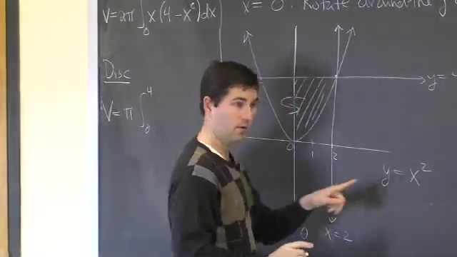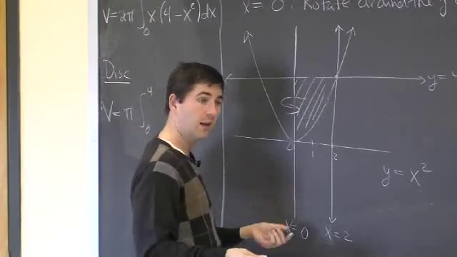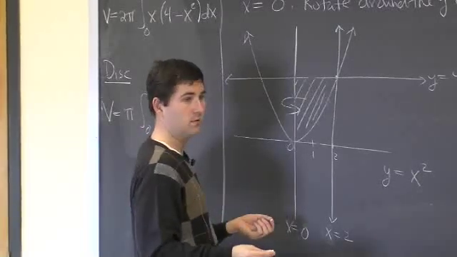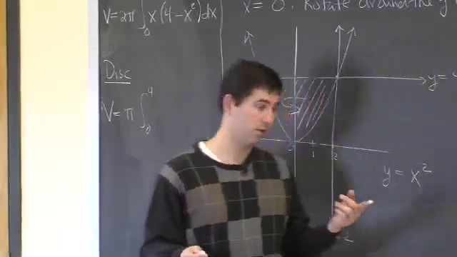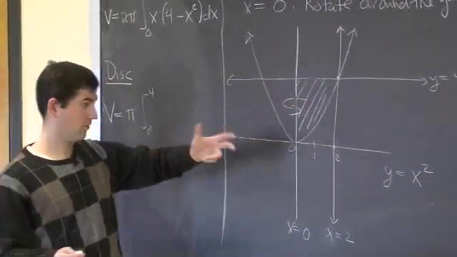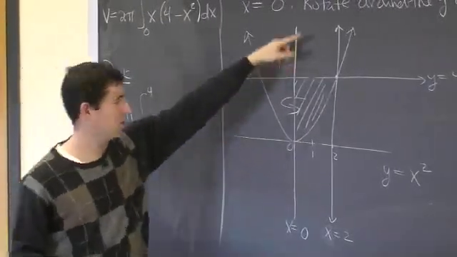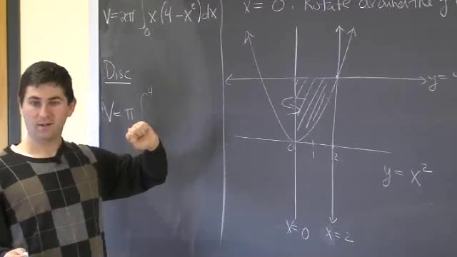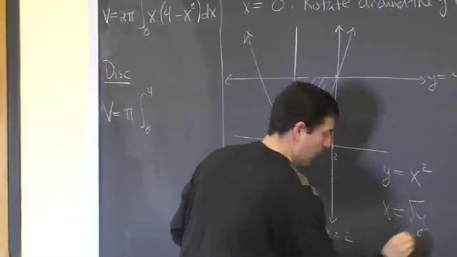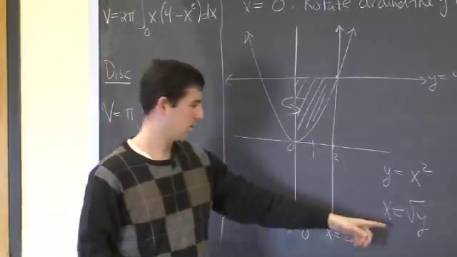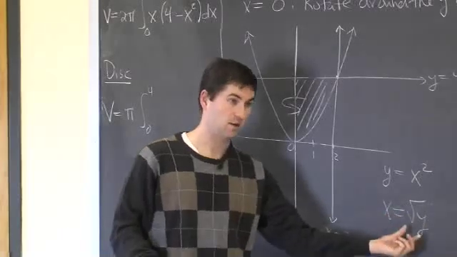How can I get just x? Take the square root. Do I take the positive square root or the negative square root? What did you say? Both. Okay, so both, of course, give you something, but which one matches our situation? If you write x equals the square root of y, then when you plug in y values, you get out a positive number because it's the positive square root.